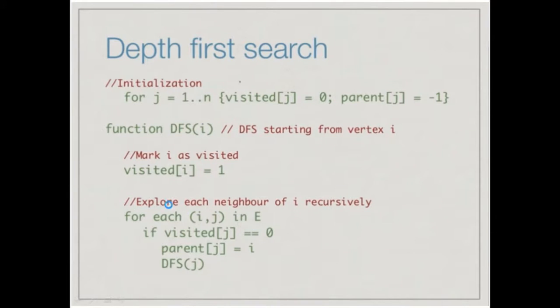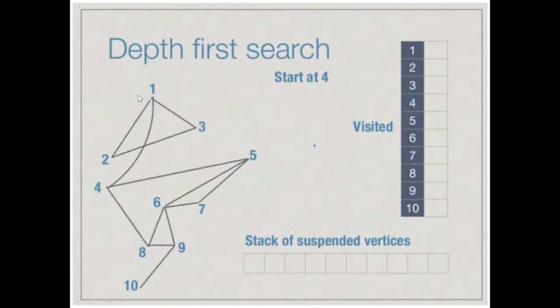And if any one of them is not visited, we'll go to this particular node, and now the parent will be marked as fourth. And now we will again call the function of DFS, and this time I will pass the initial node as 1.